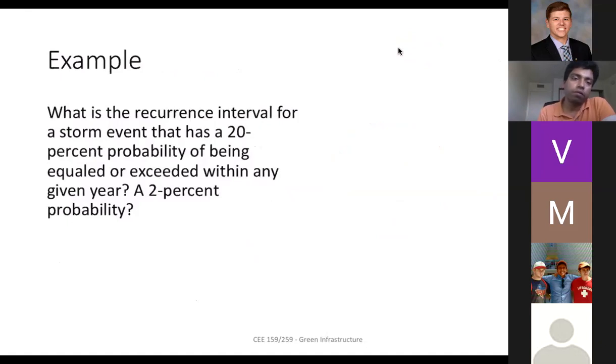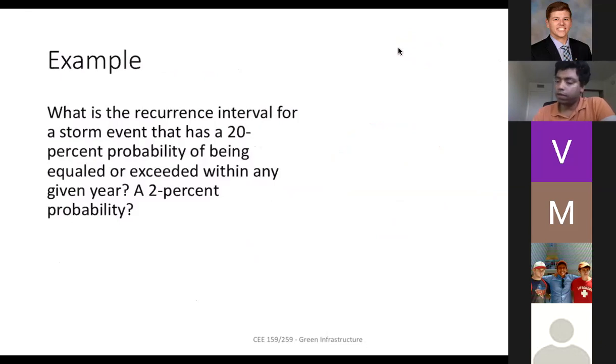And this is just an example to show how we can calculate return period or recurrence based on probability. The example is, what is the recurrence interval for a storm event that has a 20% probability of being equaled or exceeded within a given year?